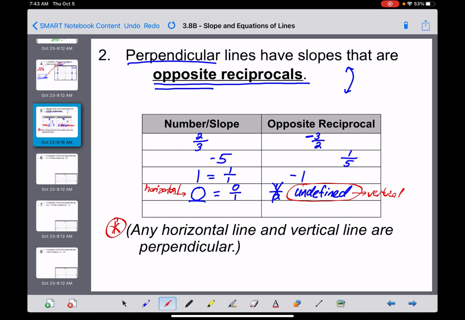Any horizontal line and vertical line are automatically going to be perpendicular to each other. So there's a horizontal, there's a vertical, and if you've drawn this right, that's going to make a right angle. You can't say that the slopes of a horizontal and a vertical line are opposite reciprocals because 0 doesn't have a reciprocal. So that's the tricky thing about that.